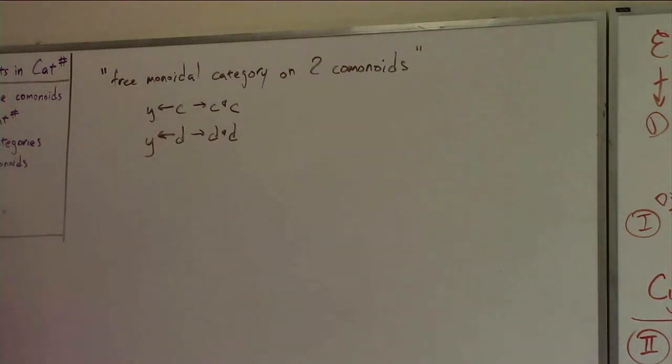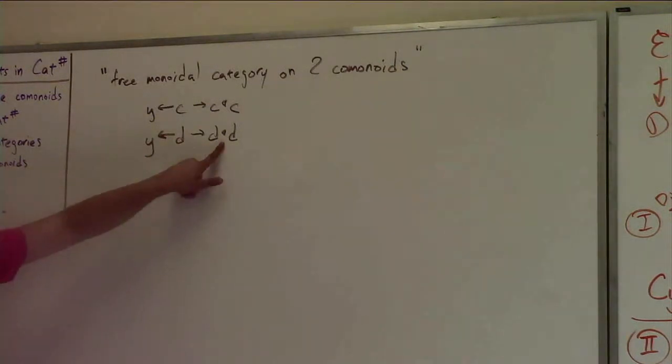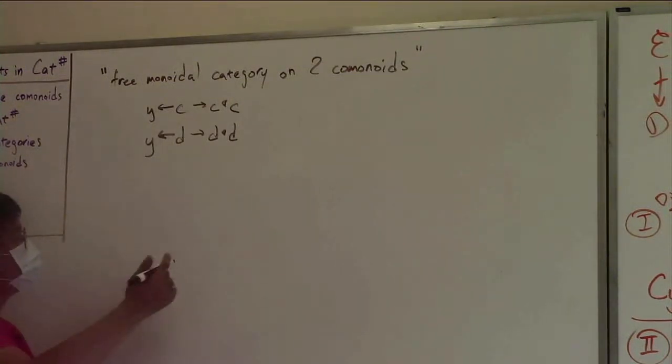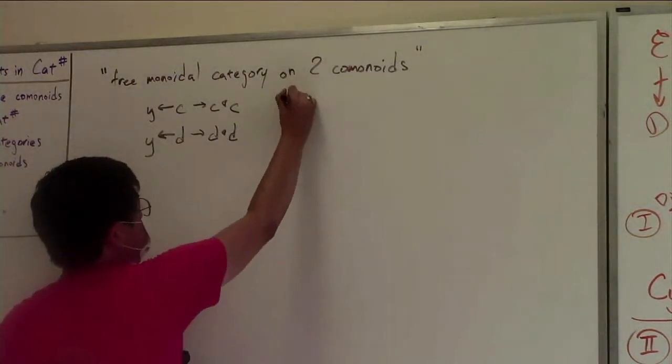And what you're going to get, okay, so you have a category, and it contains these two comonoids, and it has this monoidal operation. And that's all I tell you about the category. And you just see what's the simplest category you can get out of this. A little informal, but you should also be able to get a bunch of morphisms.